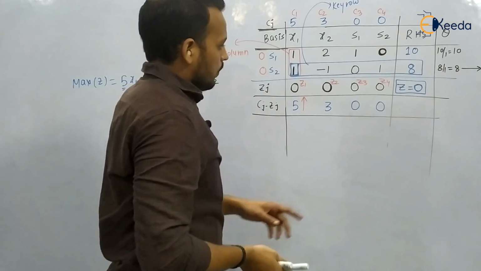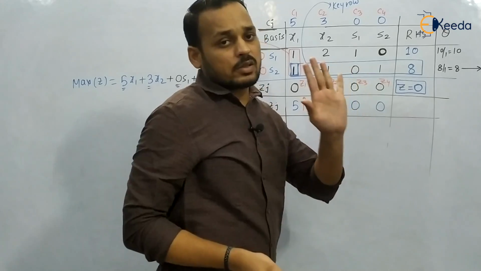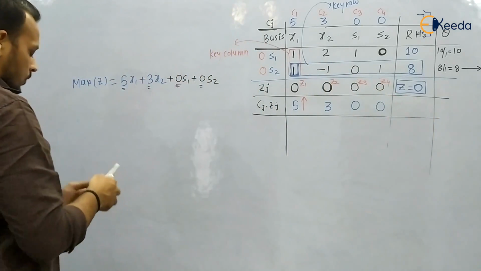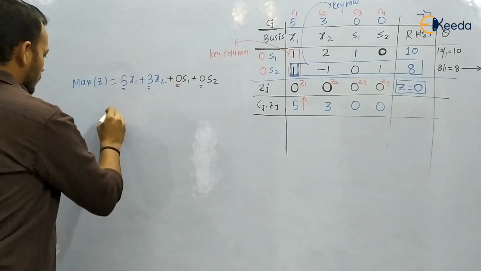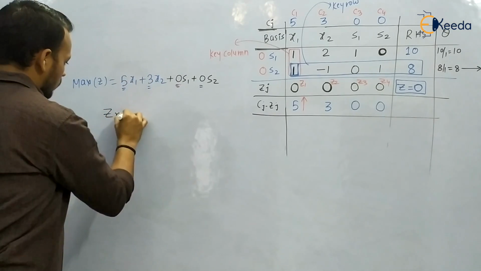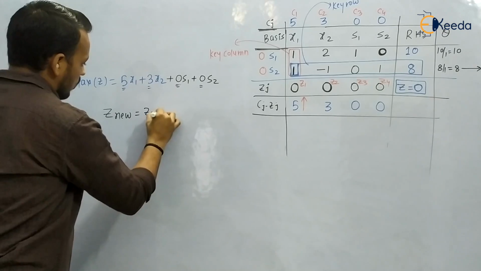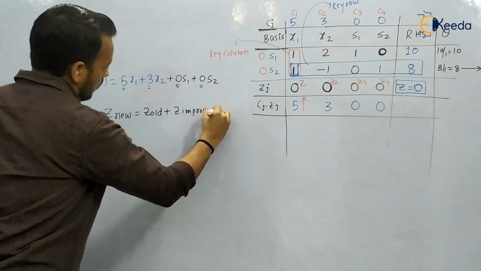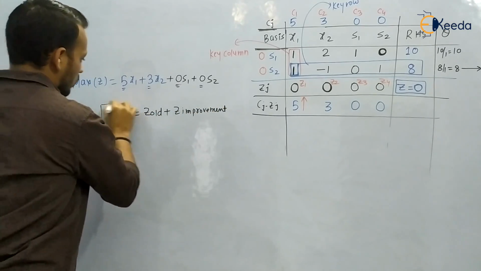Now we have been asked the value of Z in the next iteration. We can directly do it. Look here how. We know that Z new equals Z old plus Z improvement. Very important formula, I have already told you.